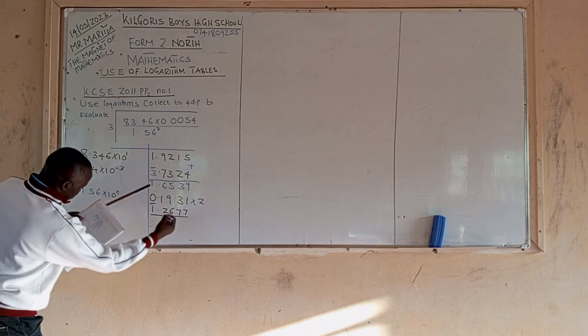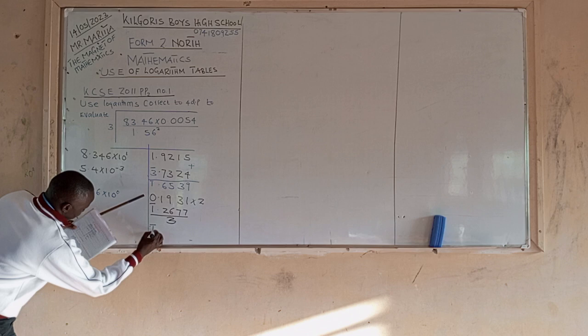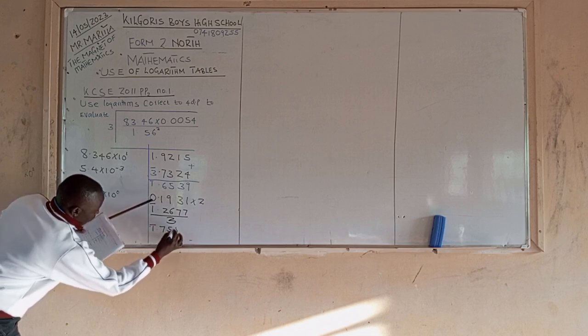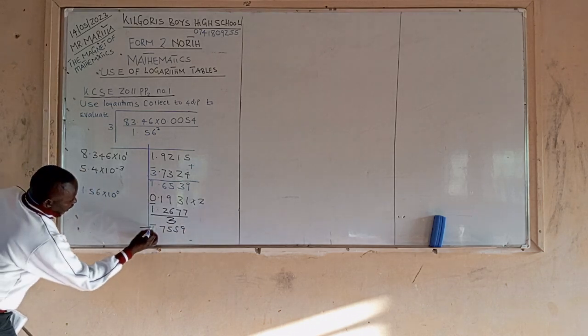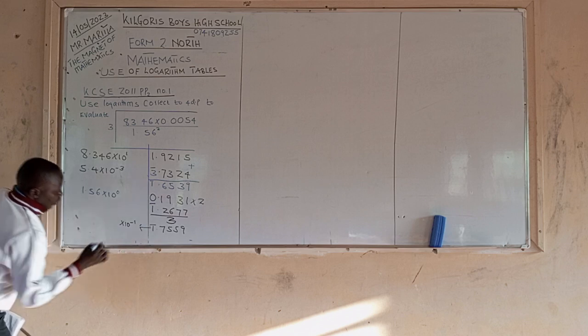If you work it out properly, this gives us bar 1.7559. At this point now, you can carry out the antilog. So we take this one times 10 raised to negative 1.